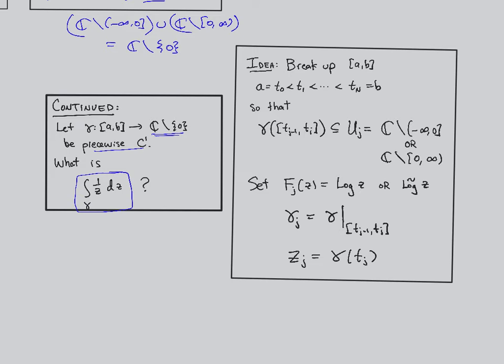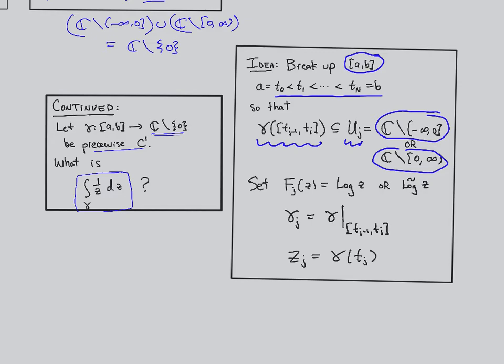What we'll do is take our interval and we're going to break it up into pieces so small that gamma restricted to each of those pieces will sit inside either the plane minus the negatives or the plane minus the positive reals.